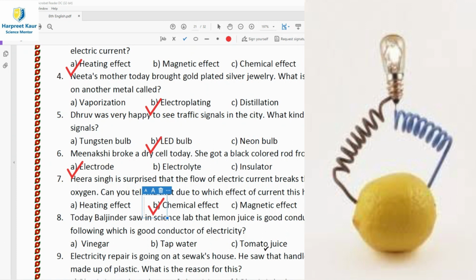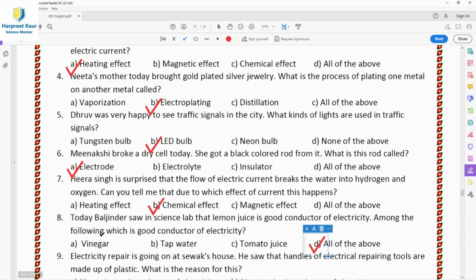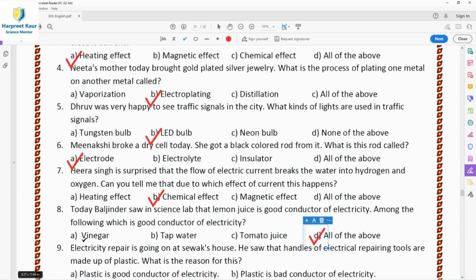Tomato juice is also an acid, and tap water has natural minerals, salts in it. So ions or salts are a must to conduct electricity. So all three options are good conductors of electricity. So option 4, D, all of the above, is the right answer for question 8.